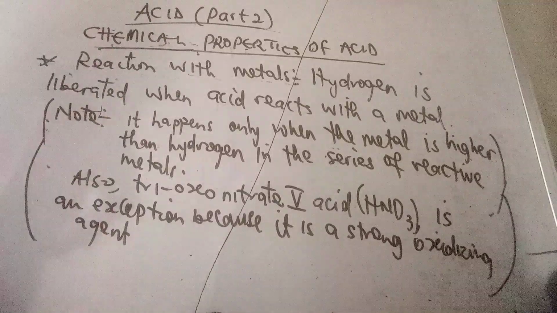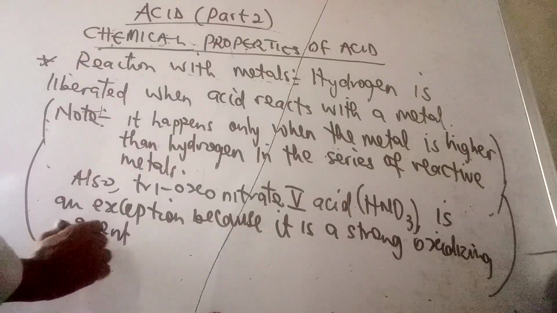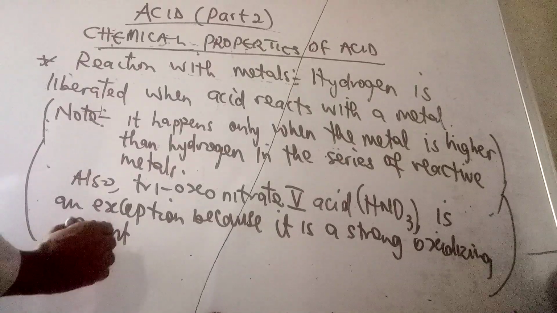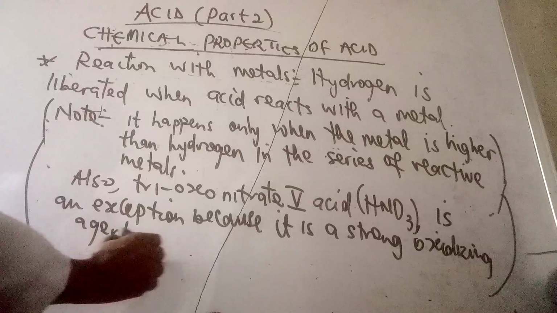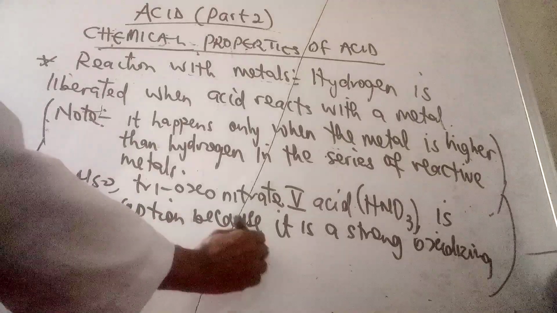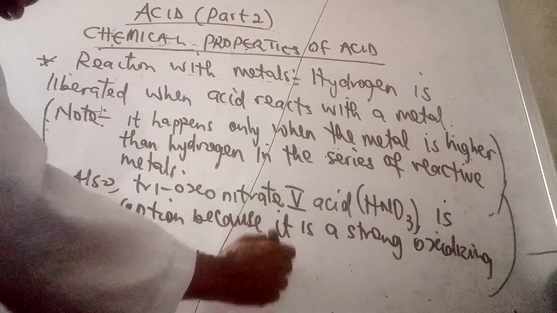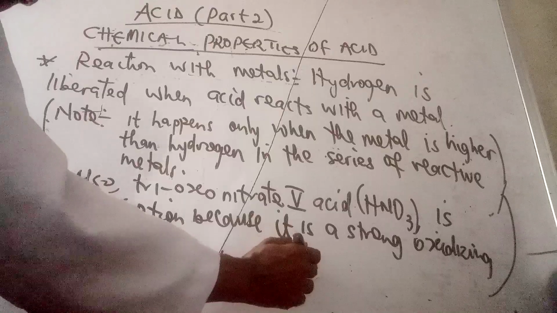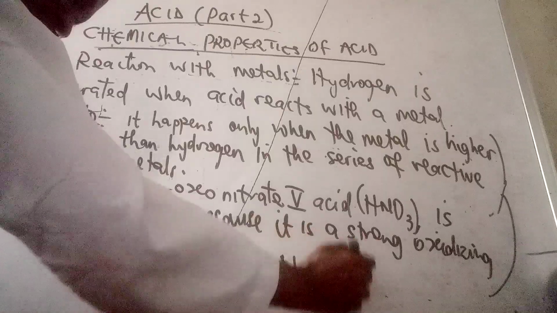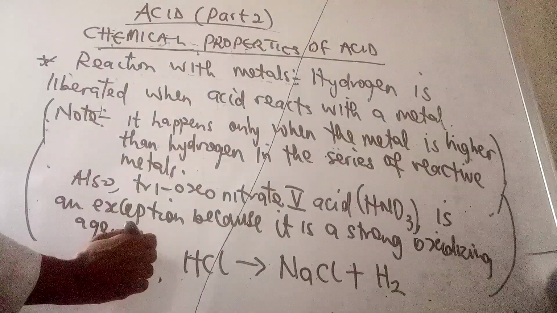Let me give you an instance of an equation. For example, if you say zinc, or let me say, okay, sodium reacting with hydrochloric acid, that will now give us sodium chloride, then hydrogen will be liberated. So all I need to do now is to balance the equation.